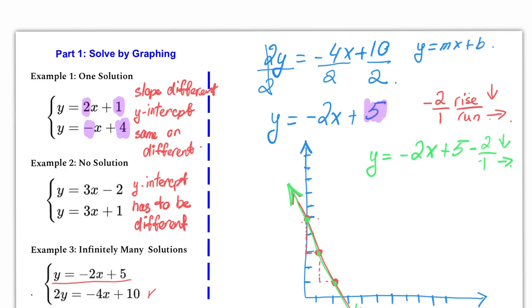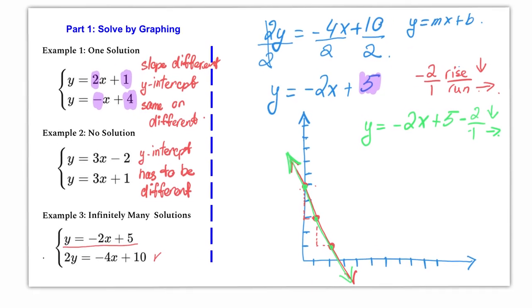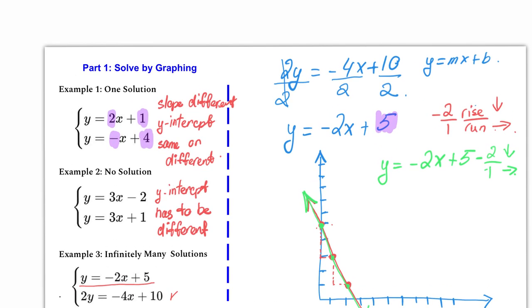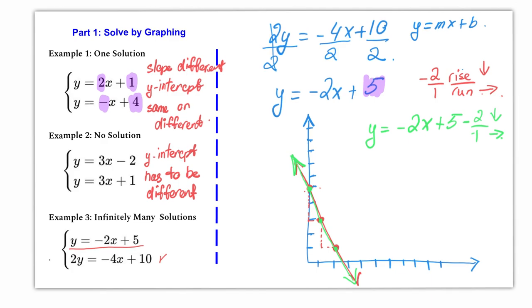So let's go ahead and write that the slope is the same, and the y-intercept is the same.